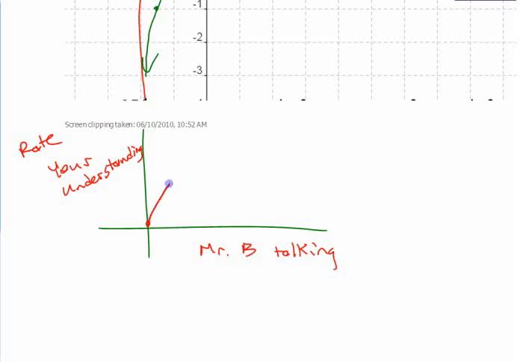But then the more I talk, is it going to keep going like this? Wow, Mr. B, I'm just so fascinated by everything you're saying, and I'm learning so much, and it just keeps going up here. It's more like this. Maybe the first part here, talking more, gets you there, but there's kind of a plateau. It's going to level off, and then at some point, I can talk more and more about transforming log functions, all these things, and it's not going to get you any higher.